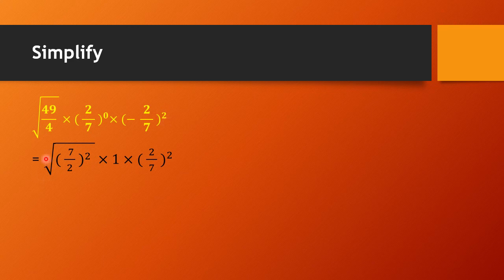After that, we will remove the square root with power 2 and put the absolute value of 7 over 2 times 2 power 2 over 7 power 2. After that, the absolute value of 7 over 2 equals 7 over 2 by 4 over 49. Then we will simplify it. The result will be 2 over 7.